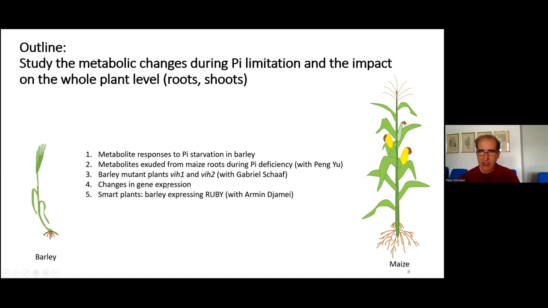We look at changes in gene expression in order to identify phosphate-dependent promoters, which we need to produce smart plants, being reporter plants, which express a gene which gives rise to a color, RUBY, and this idea goes back to a collaboration with Amin Jameh. Okay, and the model systems are still barley and rice.